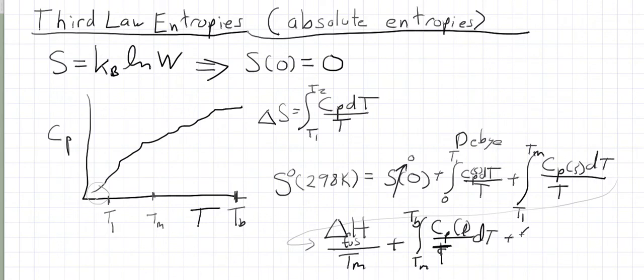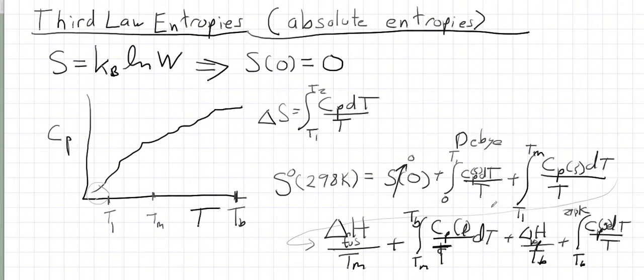And then we get another entropy change due to boiling, so we have the heat of vaporization over the boiling temperature. And finally, we'd integrate from the boiling temperature of oxygen to 298 kelvins, and since we're dealing with a gas at that point, we look at the gas heat capacity.